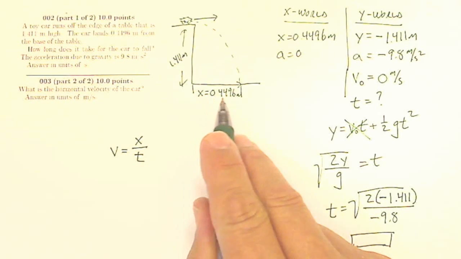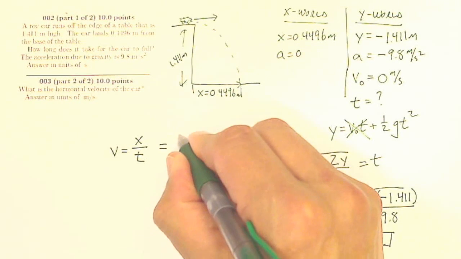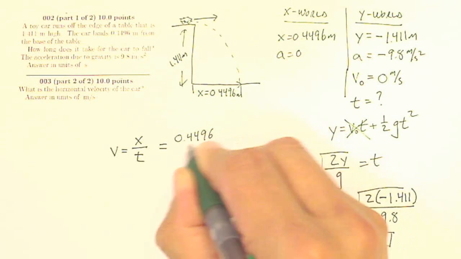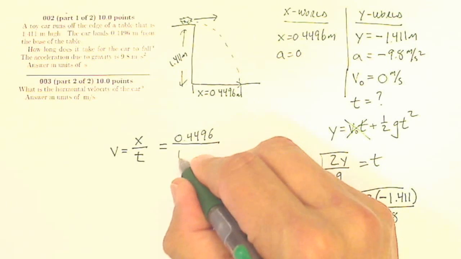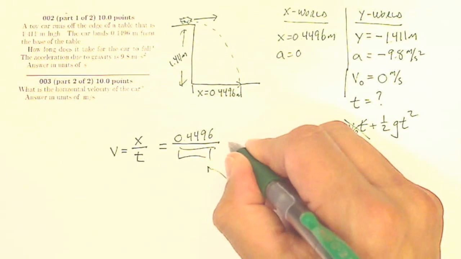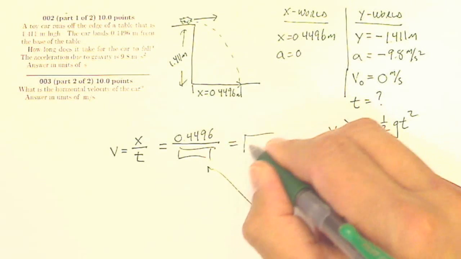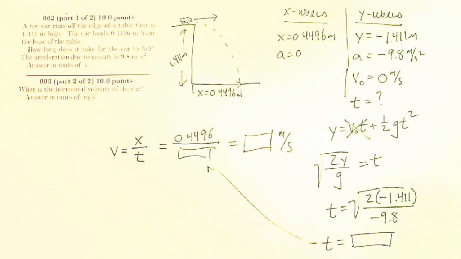So this is my horizontal distance, 0.4496 meters, divided by this many seconds. So if I plug in my time that I got down here, then I'm going to have my distance divided by time, meters divided by seconds. That will give me some number of meters per second, and that is the answer to question number 3.